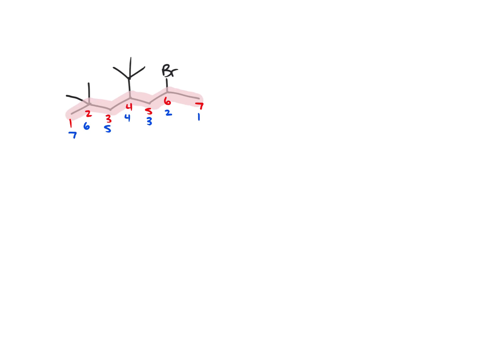In this case, in both numbering schemes, we have a substituent at carbon 2. Honestly, based on the number of questions I've gotten about this, I probably didn't make this clear enough in class.